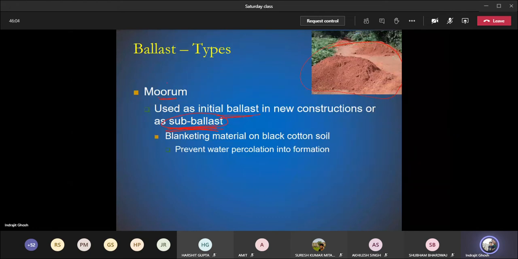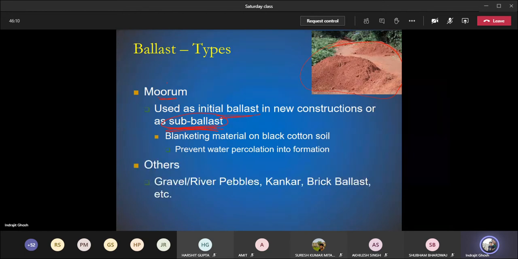So blanket material on black cotton soil prevents water percolation. There are other materials as well: gravel, river pebbles, conker, brick ballast, etc. But their use is very limited. So there is not much information available from the book or internet, so I did not include those.